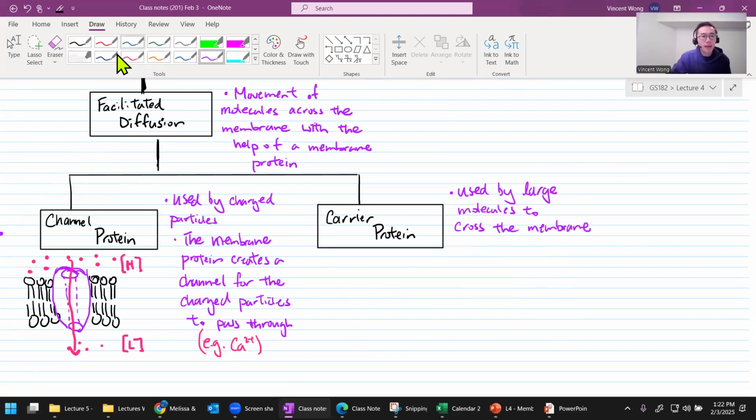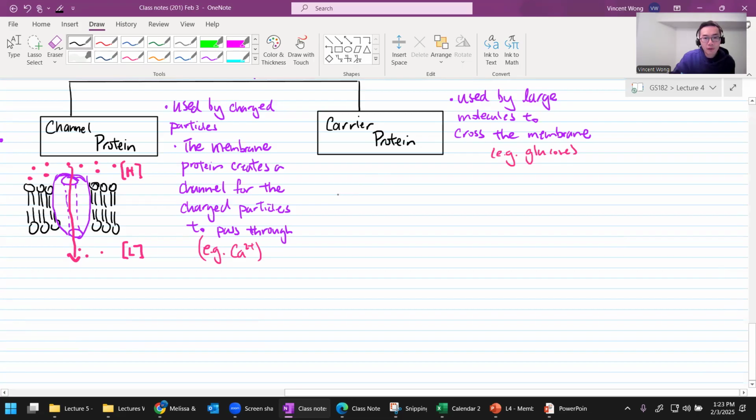These are really big, really bulky things. They won't fit through the cell membrane on their own. An example would be glucose. That's relatively big and cannot go through. Let me draw it out for you first, and then hopefully it'll make sense.